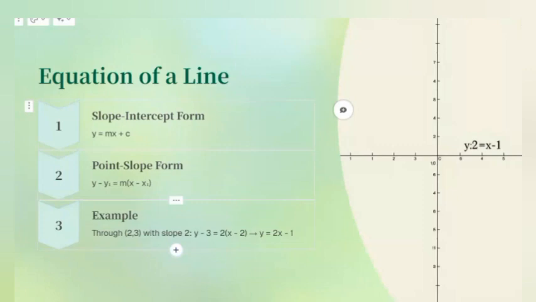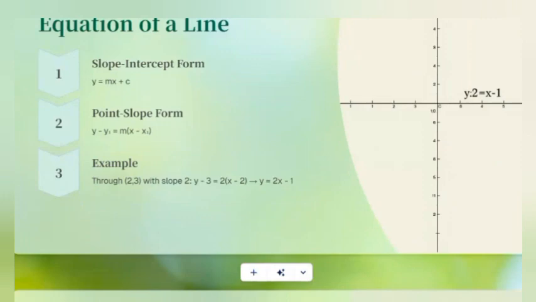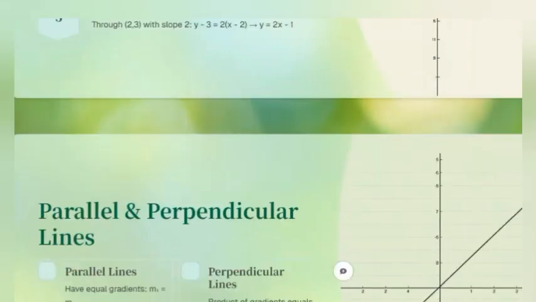If you rearrange this, which is simple algebra, you'll arrive at the final answer, which is that y is equal to 2x minus 1. And that is the equation of the line where the slope is 2 and one of the points on it is (2, 3). Yeah, so that is as simple as it gets.